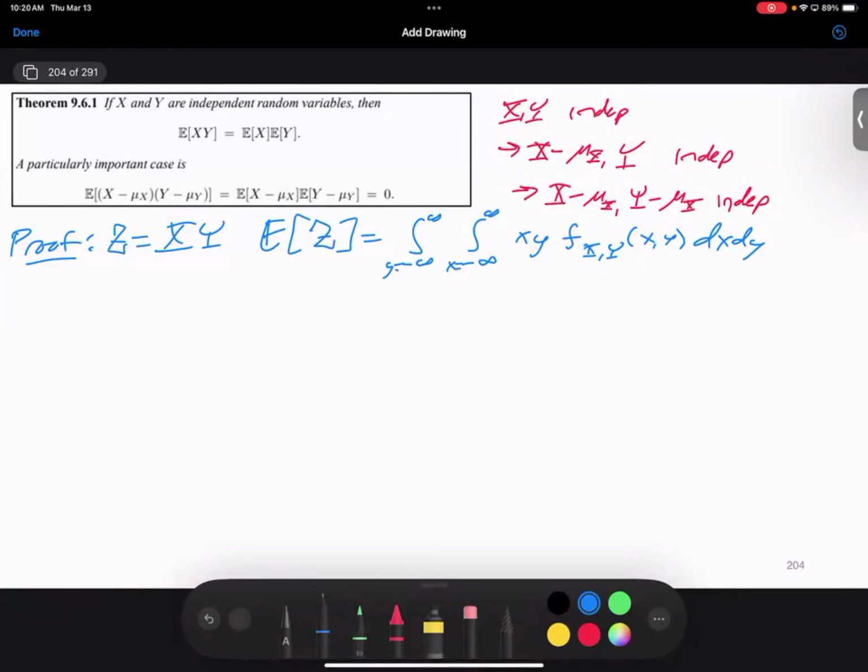And I'll put on the variable names. All right, now, because the random variables are independent, what do you know about the joint density function? So what's true about the joint density function if they're independent? How can I relate that to the density functions of x and y?